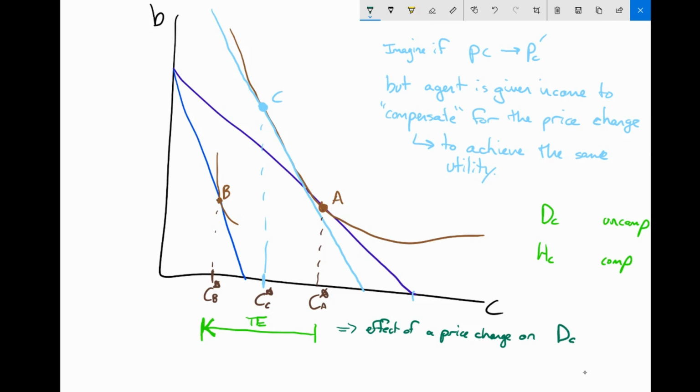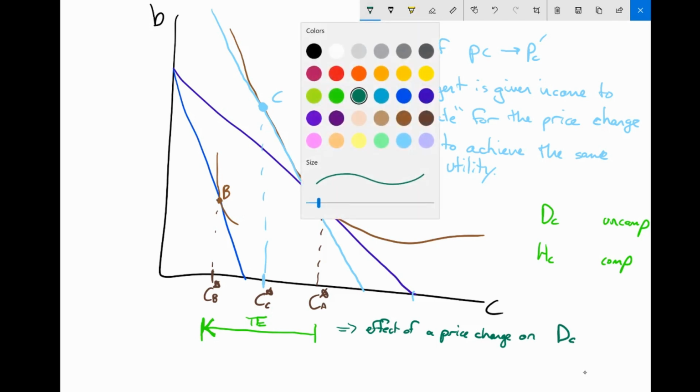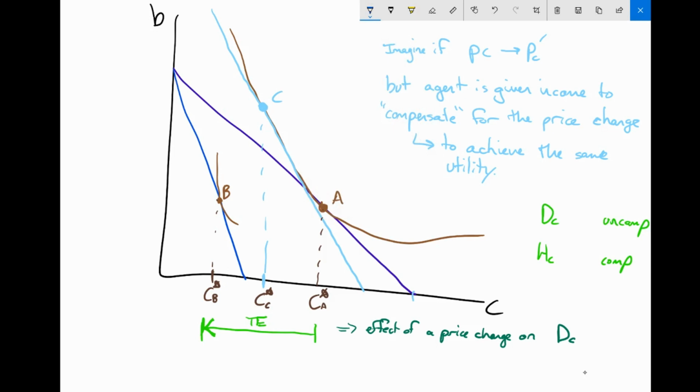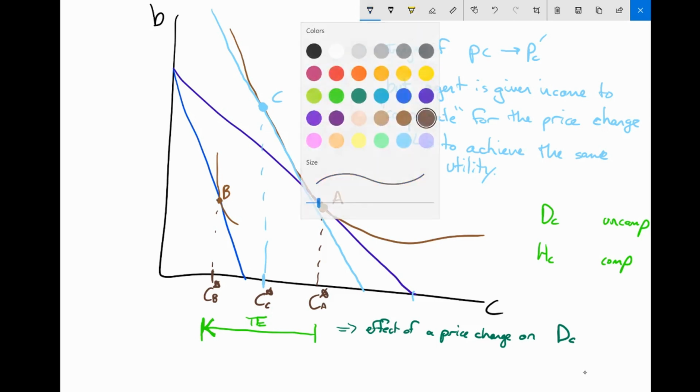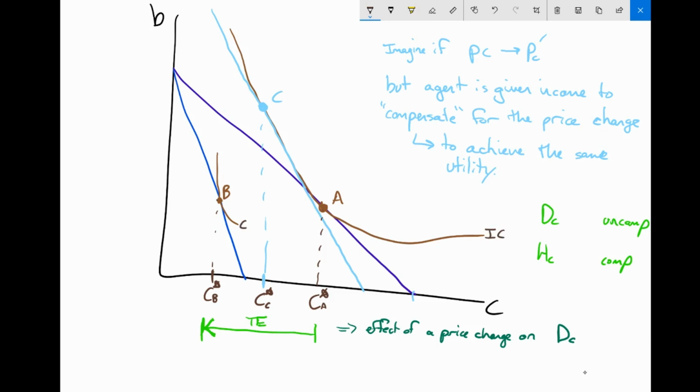Why do we call it uncompensated? Well, remember, when we increase the price, what's happening is that utility is different, right? Because we move from this indifference curve to this indifference curve. So when we increase the price, utility changes because now we're on a different indifference curve, so we have a lower level of utility, but income remains the same.